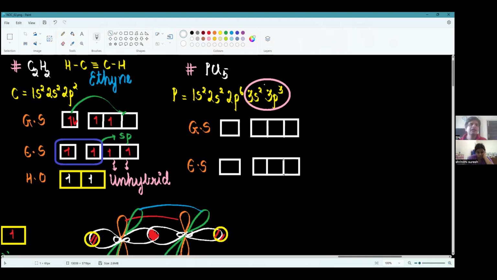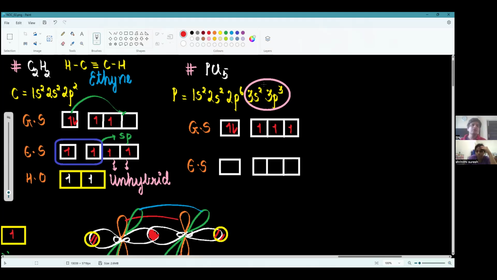See, if you fill the electrons over here, it's like 3s2 and 3p3. How many unpaired electrons are there in the ground state for phosphorus, madam? Look at 3p3. There are only 3 unpaired electrons, correct? But the valence of phosphorus in PCl5 is 5. That means it should have 5 unpaired electrons.